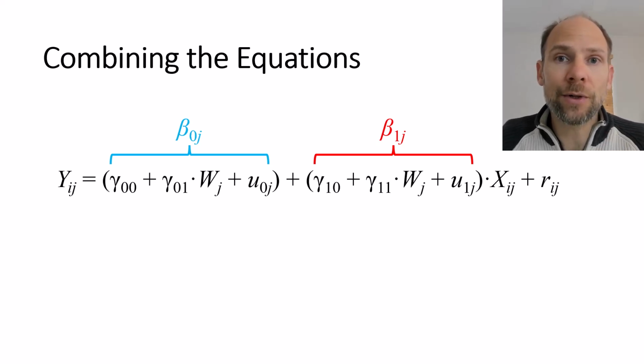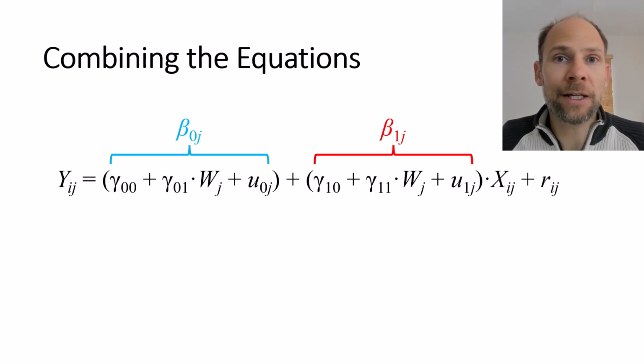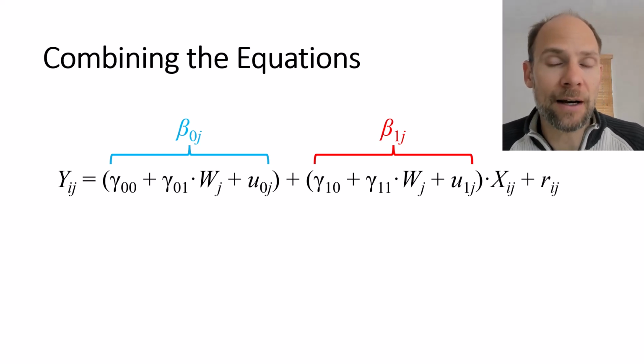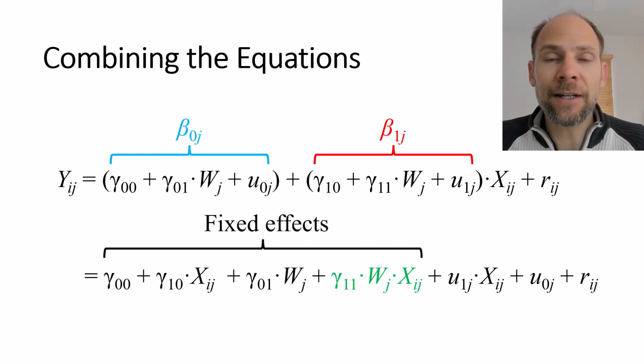Now we can expand this equation and rearrange the terms a little more neatly so that we can see where our fixed effects are and where our random effects are in this mixed effects equation.